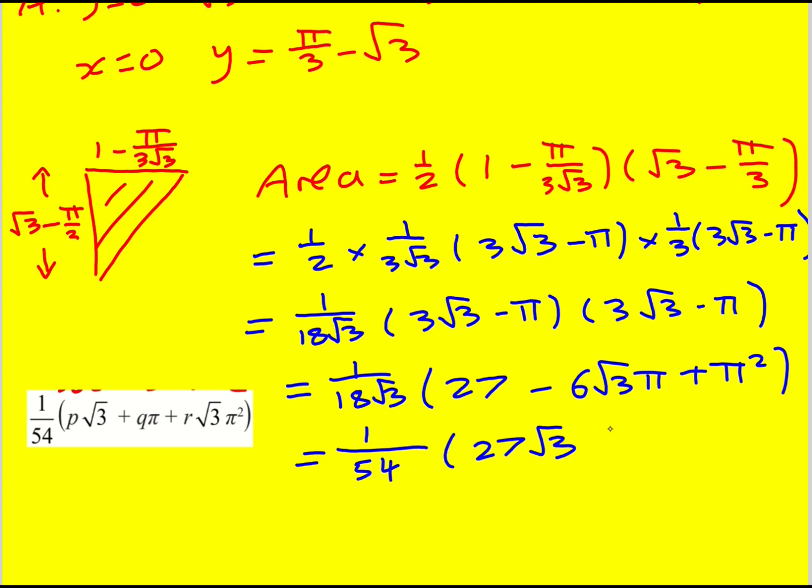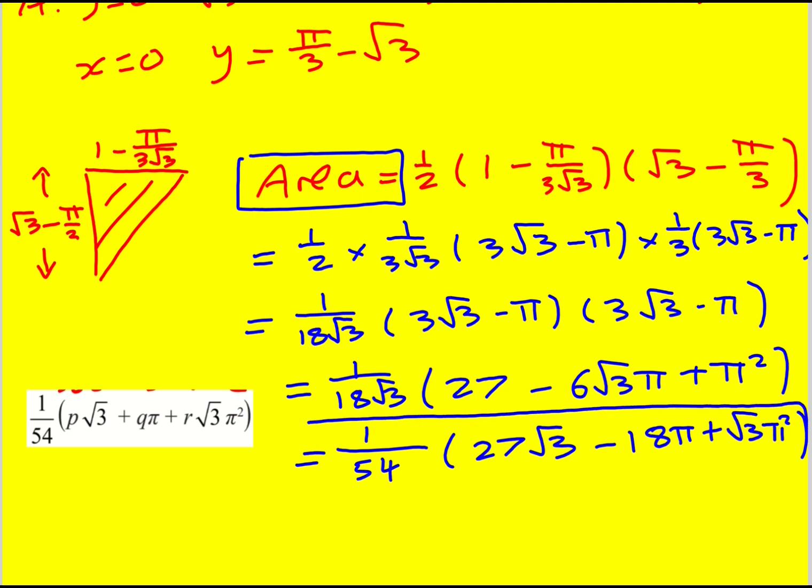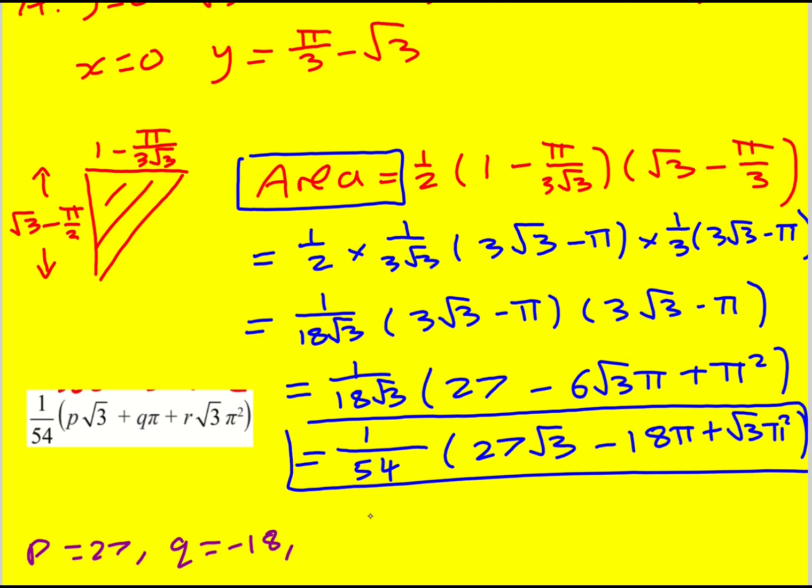So I'm going to get 27 root 3 minus 6 root 3 times root 3. That's going to be 18. And then plus root 3 pi squared. And that is our area. You don't need to, but you could say P is 27, Q is minus 18, and R is equal to 1.